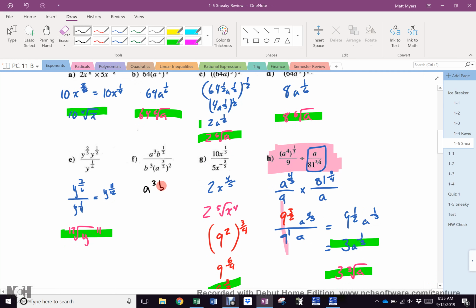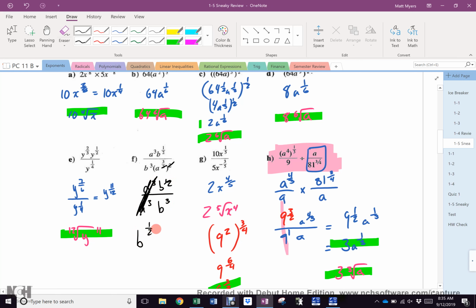A cubed, b to the 1/2 over. Now, this is out of order, so I'm going to put it back in the order that we like. 2 times 3/2. The 2 and the 2 cancel, leaving me with a cubed, yes? A cubed over a cubed cancels, leaving me here. 1/2 minus 3.